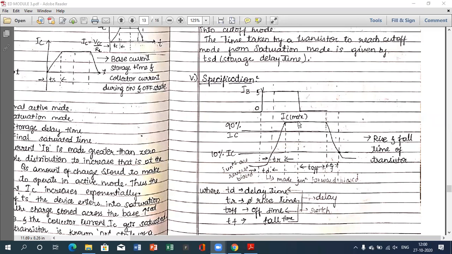This time is called the T off time. After the T off time, when the base current becomes 0, the collector current starts reducing from maximum to 0. We call it the fall time. This is the specification of collector current with respect to base current.